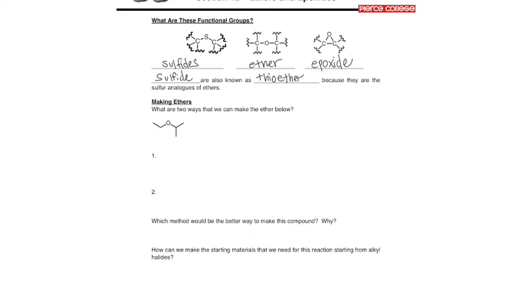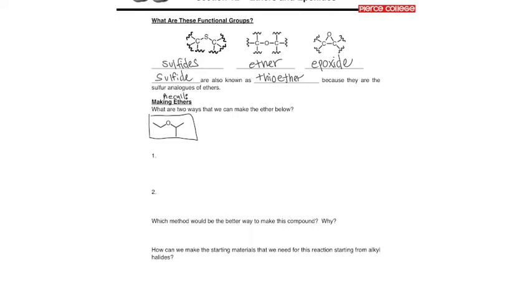Now, we actually have made ethers before, so I'm going to say recall, because this is repeating something we did before, but we're just going to focus on it again. So we have made ethers. What we need to do to make an ether, in other words, a carbon-oxygen bond, is to use oxygen as a nucleophile.